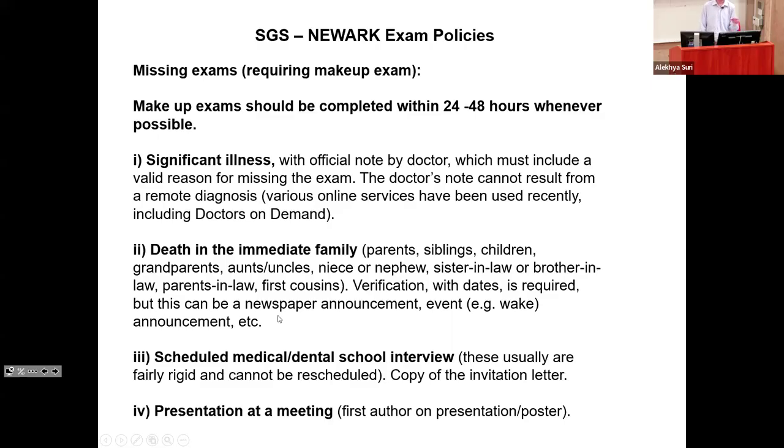And another thing is the makeup exam. The main exam is on Wednesday. The makeup exam is most likely Friday. It will not be in the following week. So just make sure that, for example, if your computer doesn't work, that wouldn't qualify for a makeup exam.